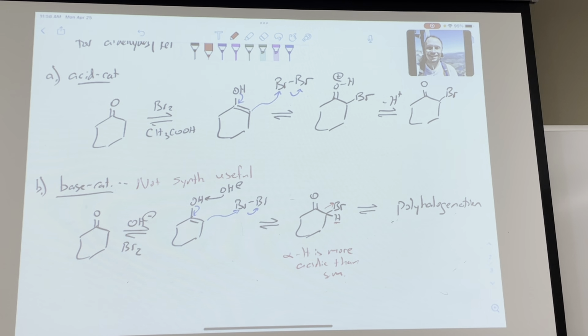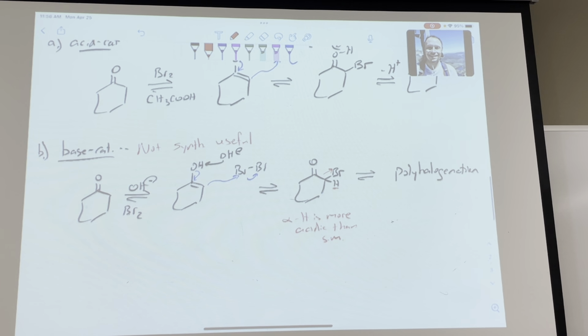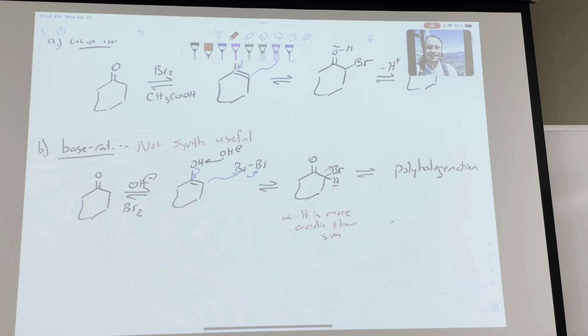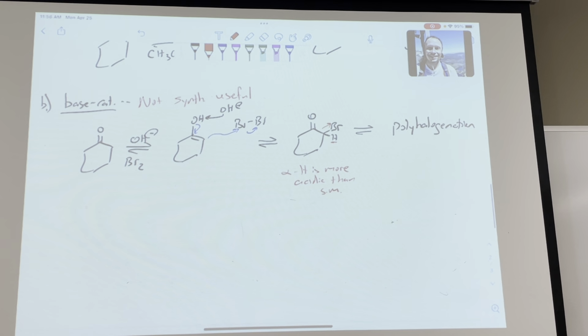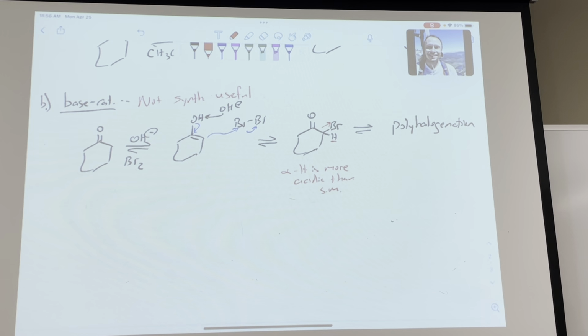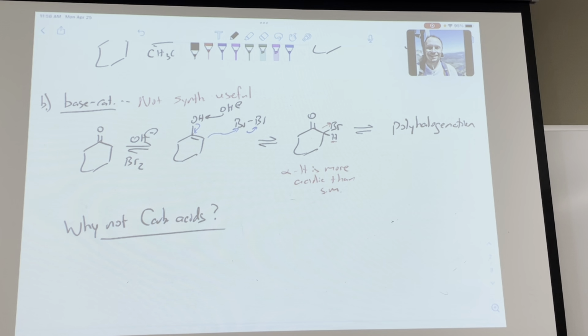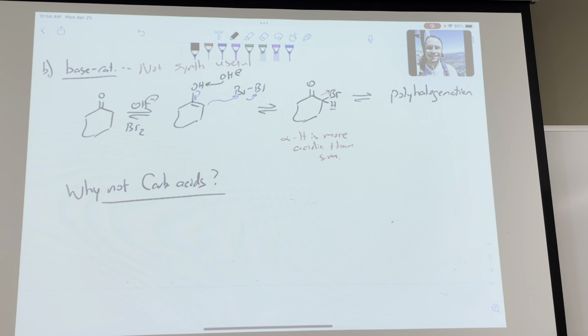All right. So why is it that we can't do this with something like carboxylic acid, for instance? The problem has to do with the enolization. So in order to do the halogenation, you have to be able to enolize.